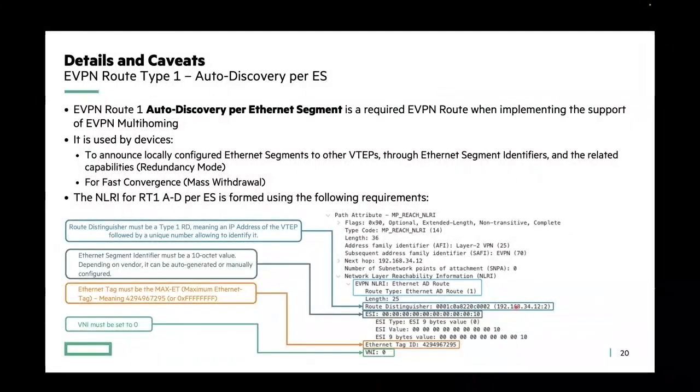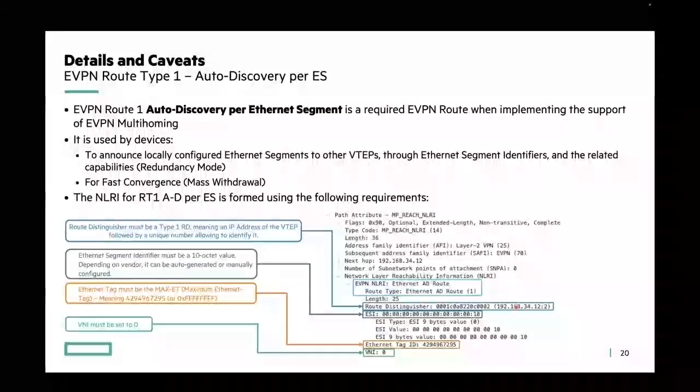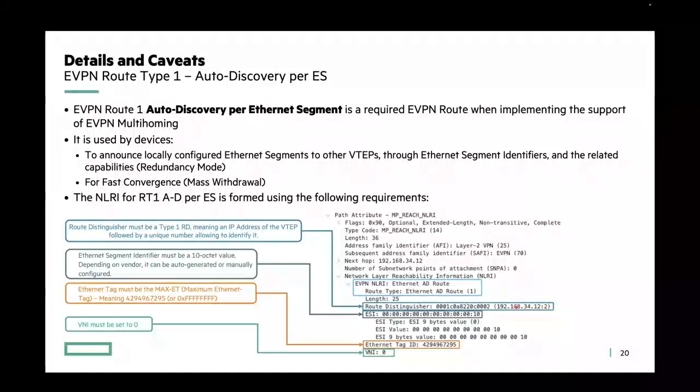But the very important thing here is that it must be unique to each VTEP. This is not like in VSX, where you have the same RD for both devices. In that case, each multi-homing VTEP will have to get its own route distinguisher. Then we have the ESI, which is configured at the Ethernet segment level.